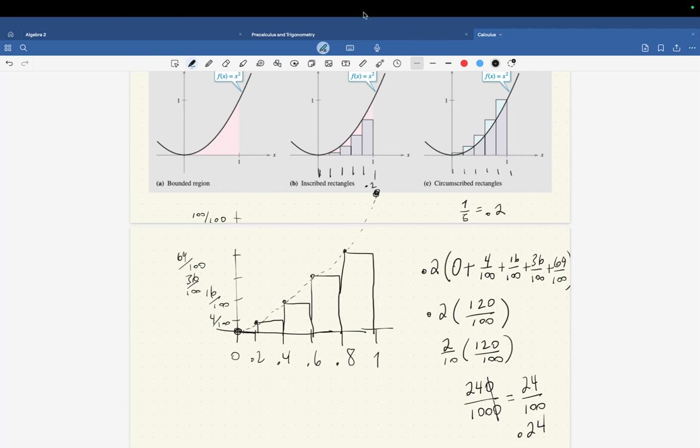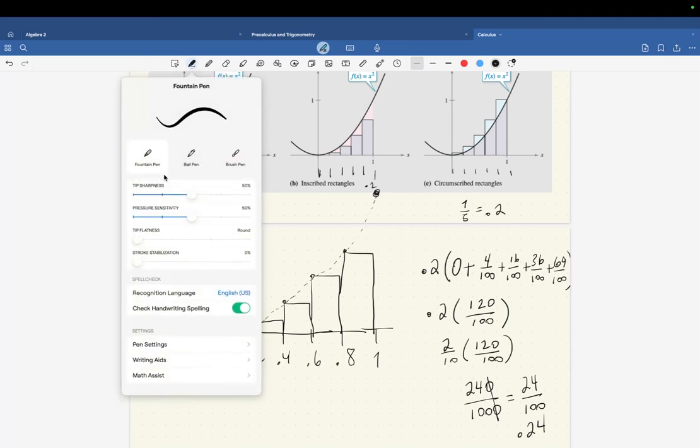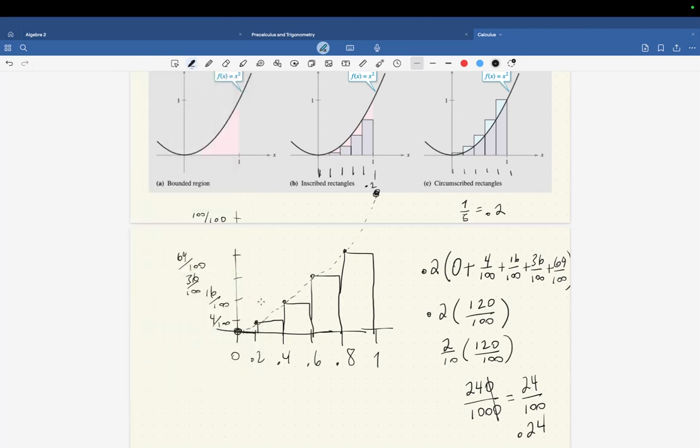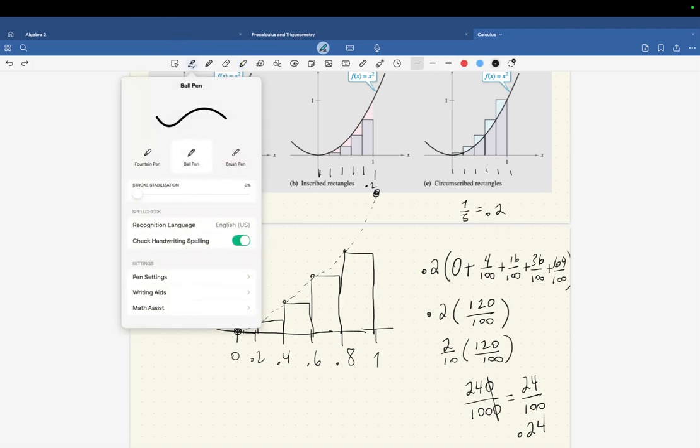Now, if we were to take not that side, but a different side, can I change my color here? Let's do a ballpoint pen. Okay. I'm now going to, I don't know if that changed any color. Let me just use a highlighter, to be honest. Now I'm going to, that might not be viewable. Okay, we're going to come back here.